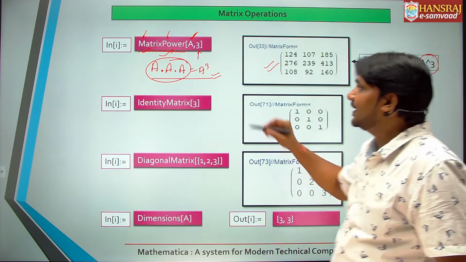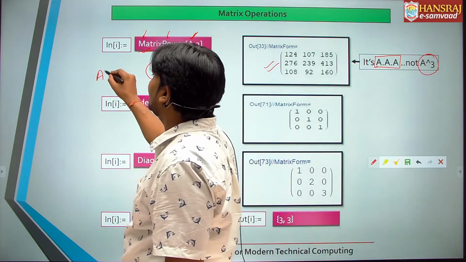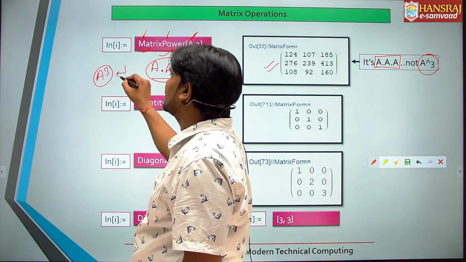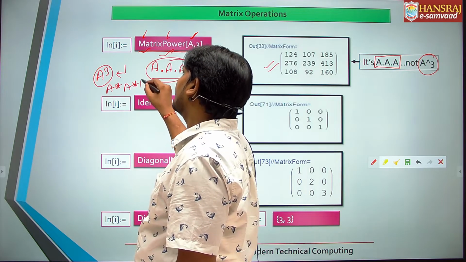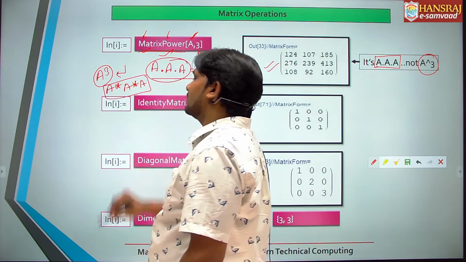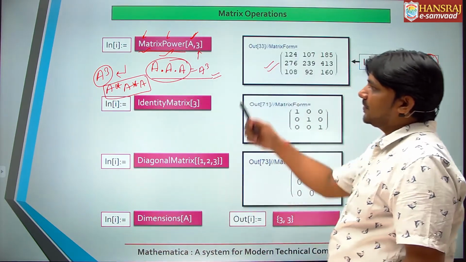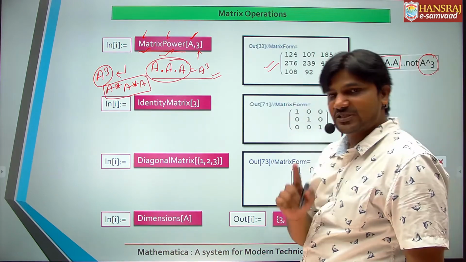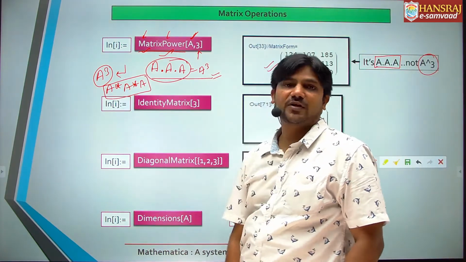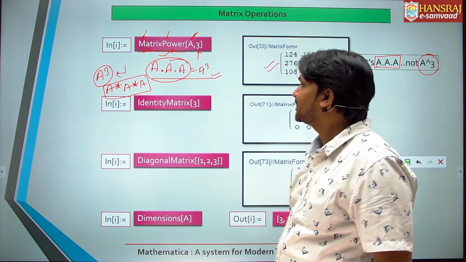If you write A to the power 3 directly and execute it, it will give you A star A star A. I hope now you are clear about using the operator asterisk or dot. Dot gives you the standard matrix multiplication, and asterisk gives you the component-wise multiplication.